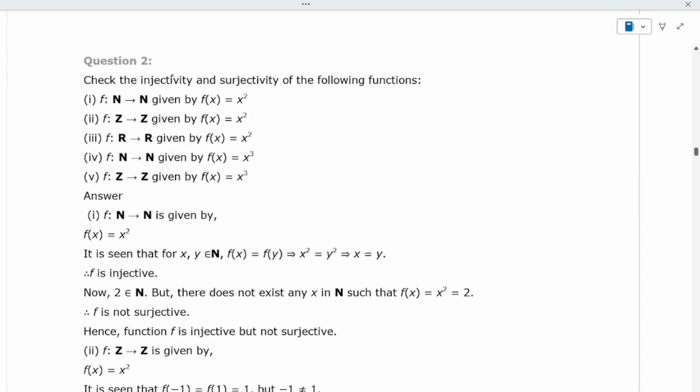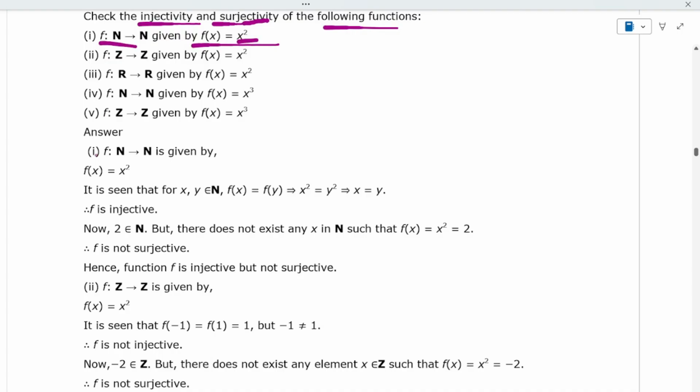Now we have to check the injectivity and surjectivity of the following function. They have given us N to N, that is the natural numbers, and f of x is given as x square. Let x comma y belong to N, because they have given natural numbers, and f of x is equal to f of y, so x square is equal to y square.